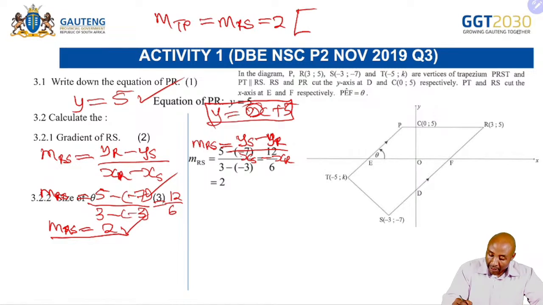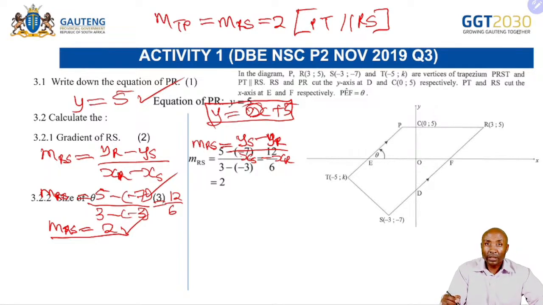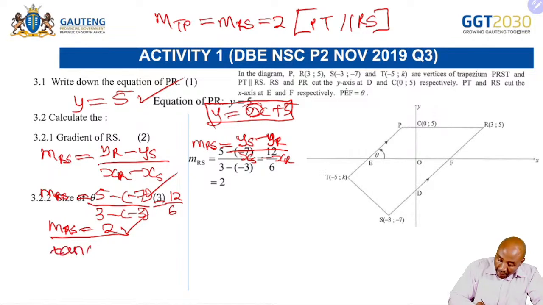We are given that PT is parallel to RS. So we now have the gradient of PT as 2. And how do we get the angle of inclination? We know that tan theta is equal to the gradient, which is 2.